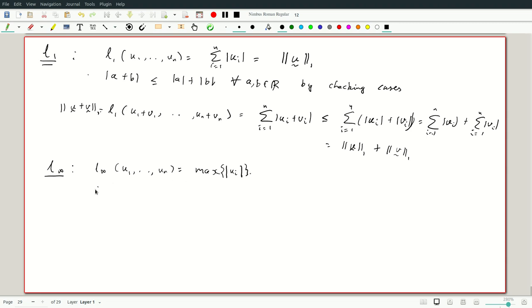Okay, therefore mod ui is less than or equal to L infinity of the tuple u1 to un for all i. And similarly mod of vi, if v is another vector, is less than or equal to the maximum of these values, v1 to vn.